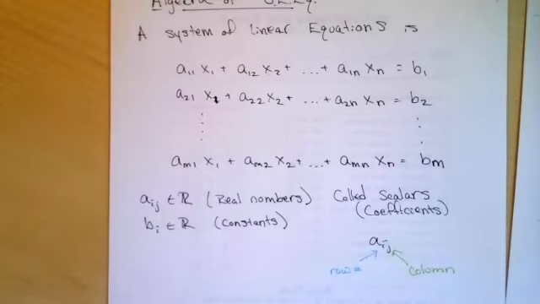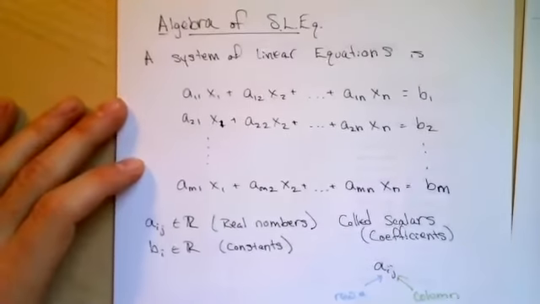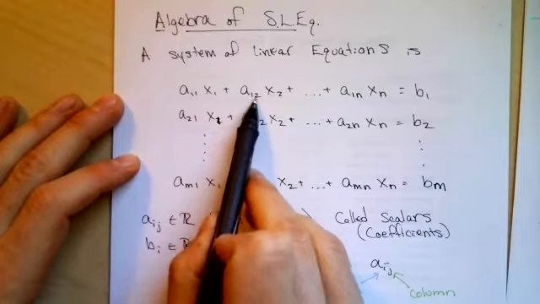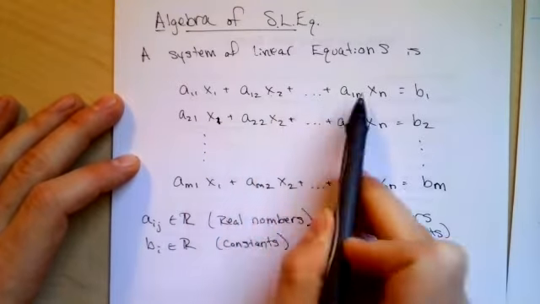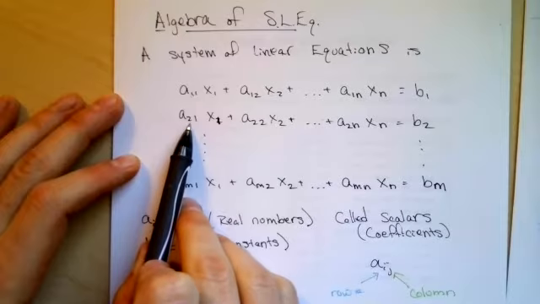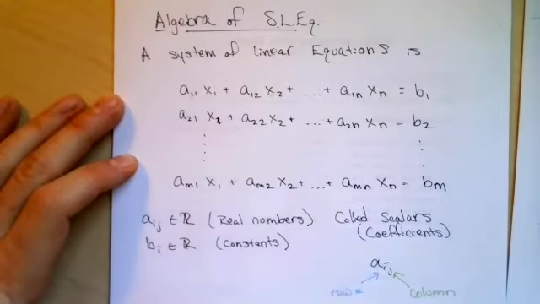And this will apply once we move into matrices. So you can see as we move over a column, a12, move over a column, the next one's a13. And if we move down a row, a21, a22, etc.